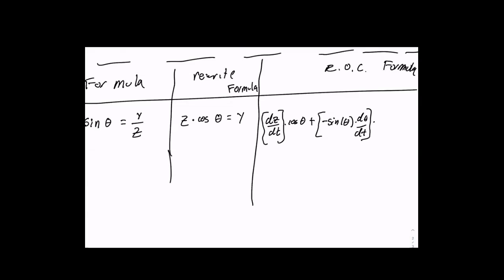Product rule. We're going to run out of time here. Product rule: u prime v plus v prime u.